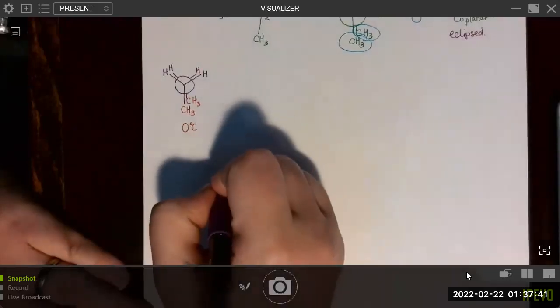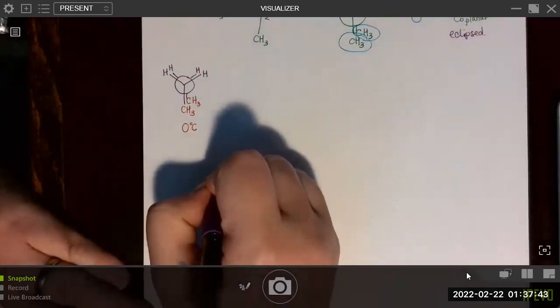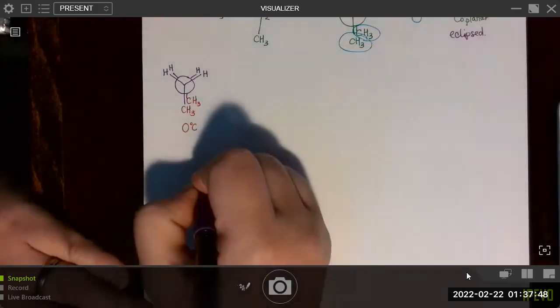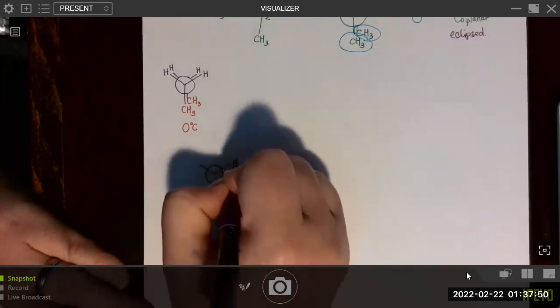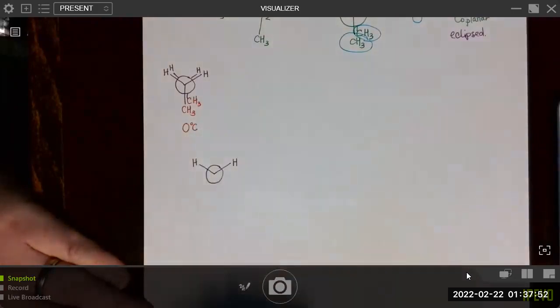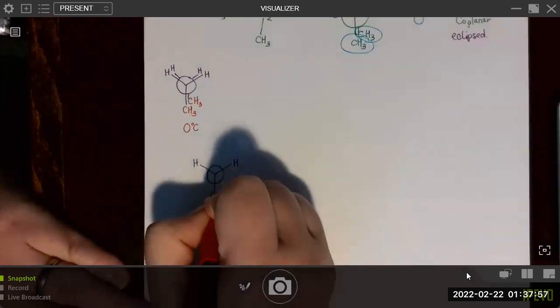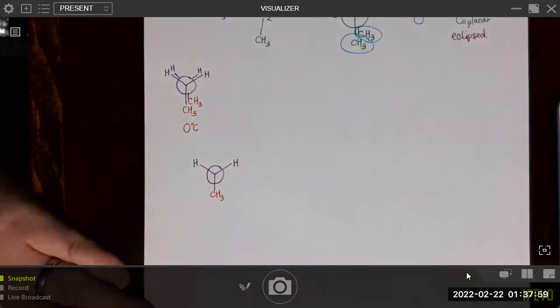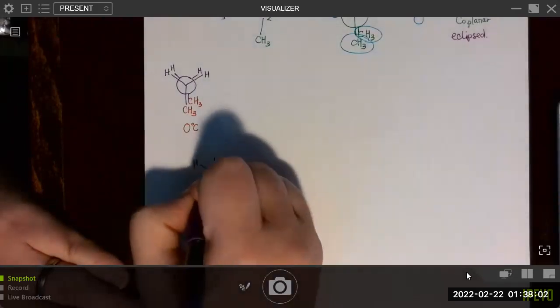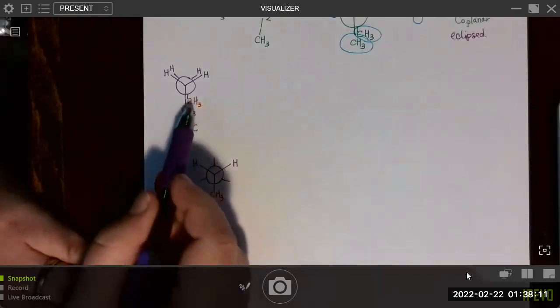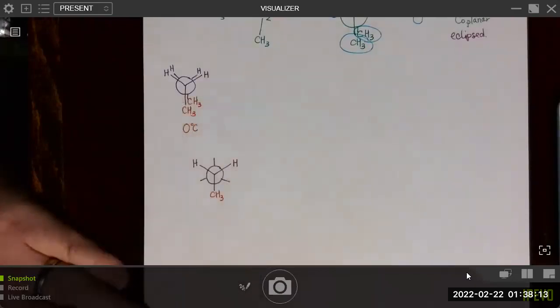So we're going to come down here in energy because, of course, we're going to get to a staggered conformation. And I'm going to go ahead and draw in that front carbon because we decided we're going to rotate the back carbon, which means that the front carbon doesn't change. Now we're going to get to a staggered conformation. So I'll draw my 3 lines here that represent a staggered conformation. And then we talked about how the methyl group, we're going to rotate clockwise 60 degrees.